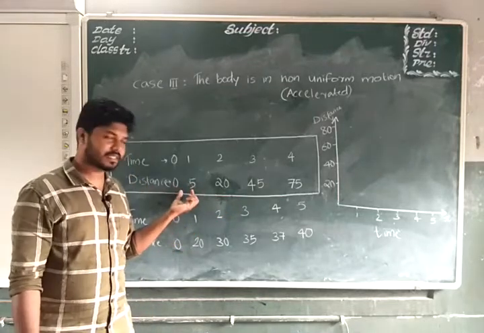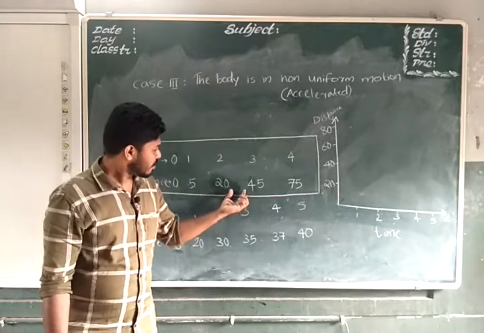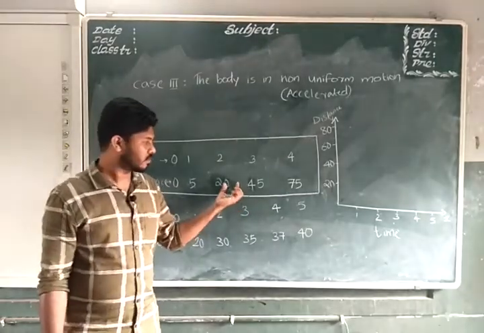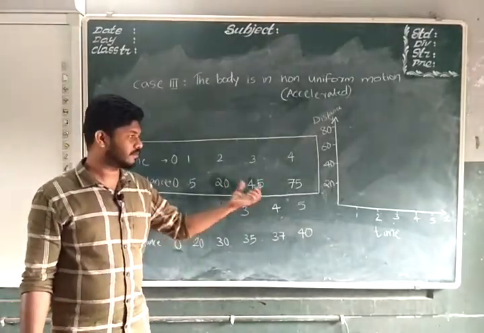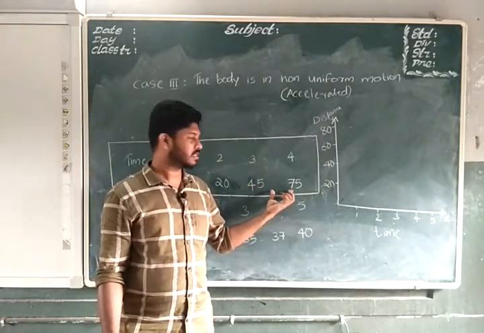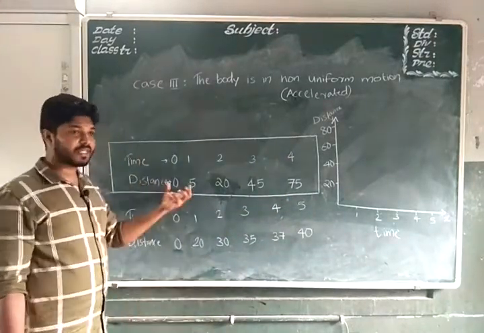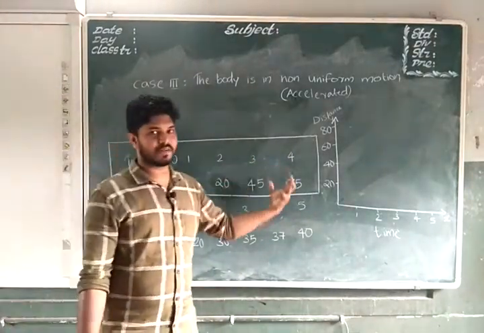So in the first it is 5, in the second it is 15, the next one it is how much? 25. 20 plus 25 equals 45. Next one it is 30. It covers a distance of 30 in the last second. So it covers unequal distances in equal intervals of time.